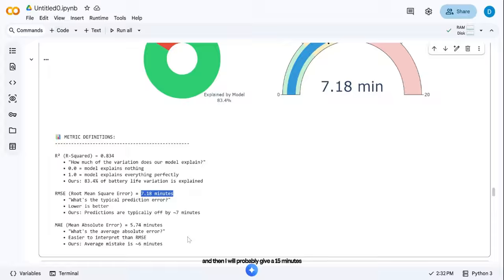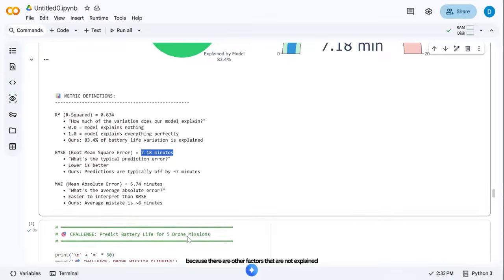I would double the root mean square error, probably a 15 minute buffer for the drone to come back home safely, be recharged and get redeployed. I do not want to use things like the mean absolute error of 5.74 minutes. I would not consider that in the flight time and say, oh, I still have 5 more minutes according to the mean absolute error. I wouldn't do that, because there are other factors that are not explained.